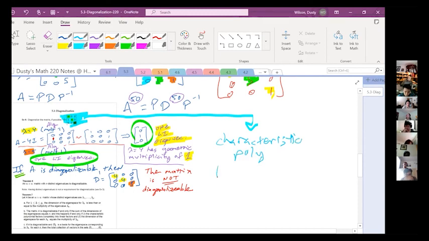It would be A minus lambda I, so you're going to get 4 minus lambda squared times 5 minus lambda. It was a diagonal matrix, so we can just see that. So the algebraic multiplicity matches the powers here.